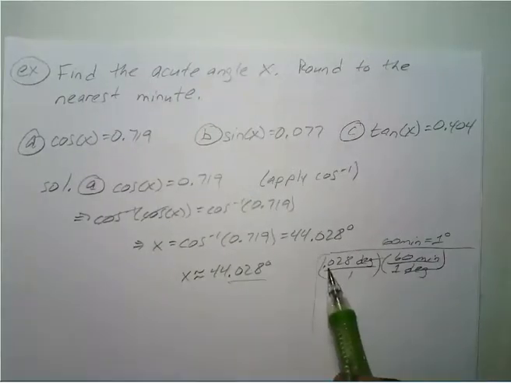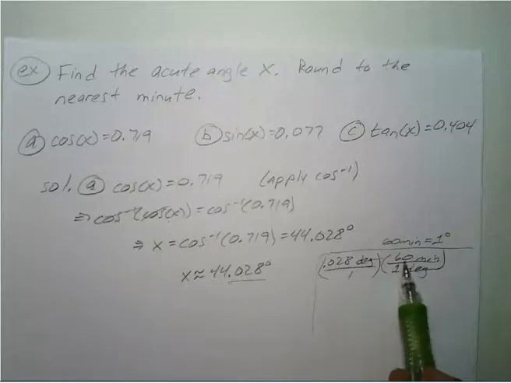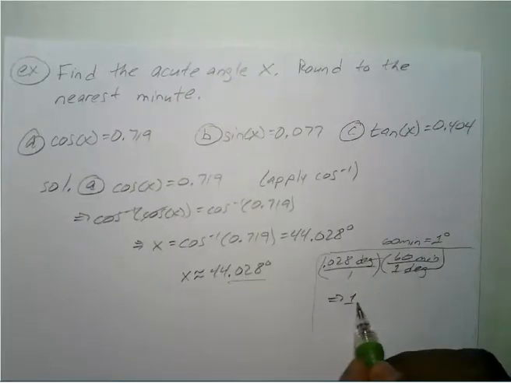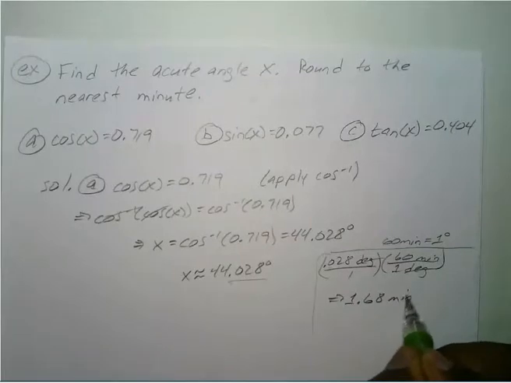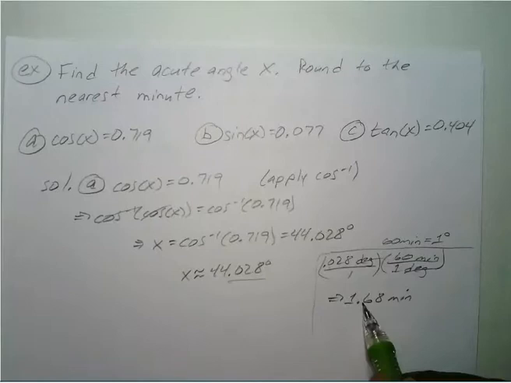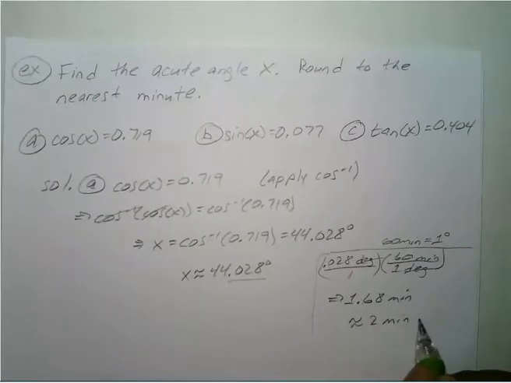So you have 0.028 times 60, which is 1.68 minutes, but we want to round it to the nearest minute. So this rounds up to be 2 minutes.